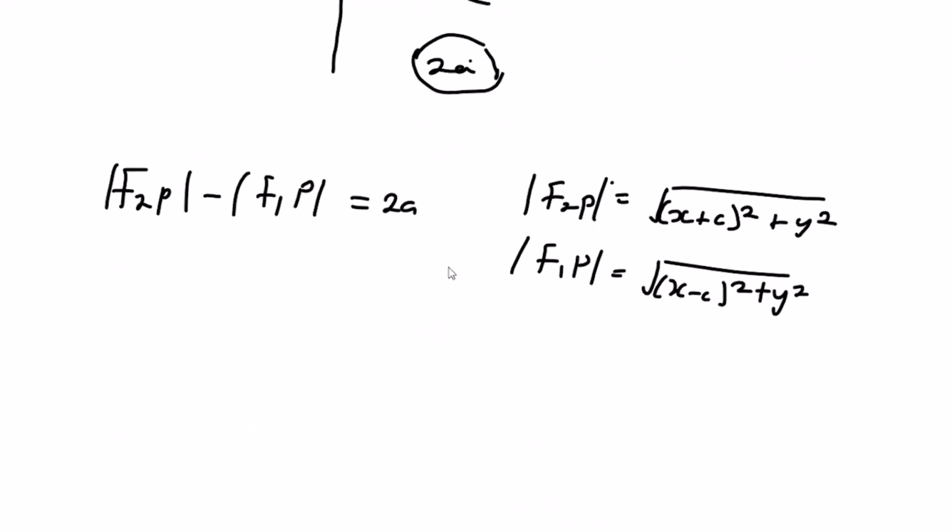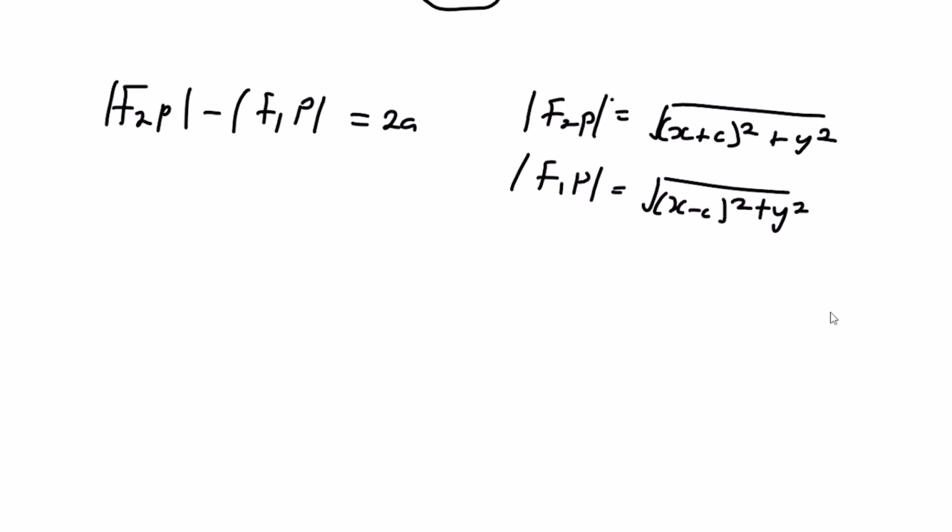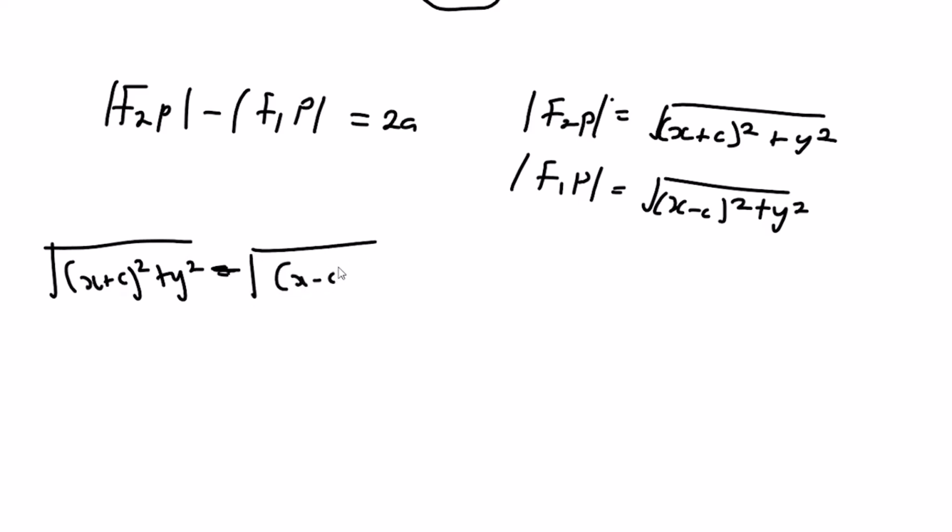So let's put it back to this and see how it is going to behave. Alright, so let's go straight to that. So this is going to be the root of x plus c all squared plus y squared, minus the root of x minus c all squared plus y squared, to be equal to 2a.